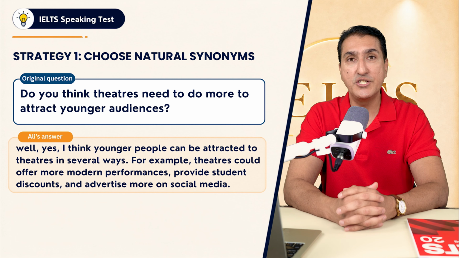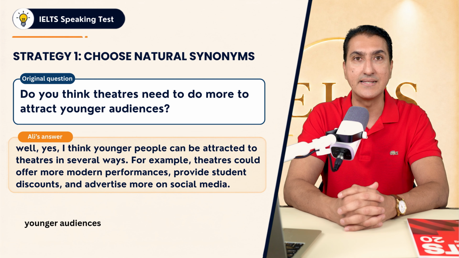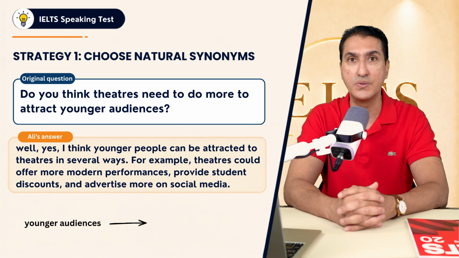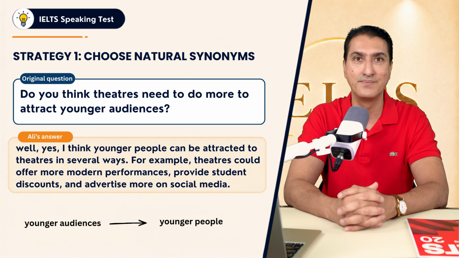The first one is strategy number 1, choose natural synonyms. In the original question, we have the phrase younger audiences. In my answer, I changed it to younger people. These expressions have almost the same meaning in this context, so this is a natural synonym.